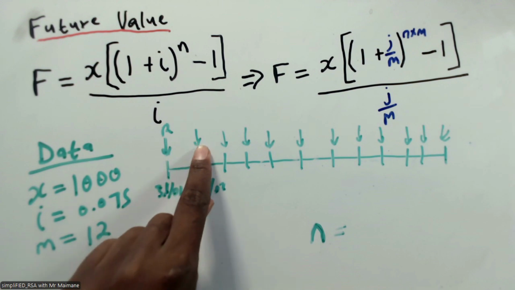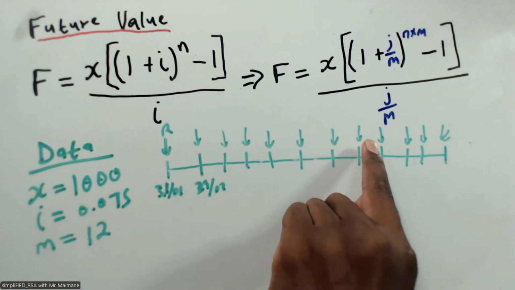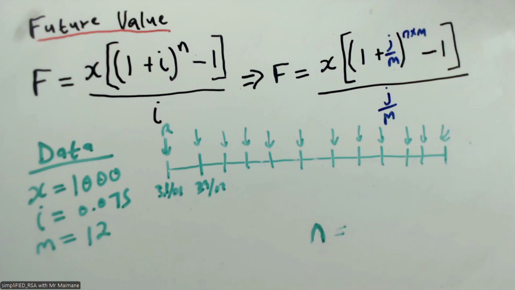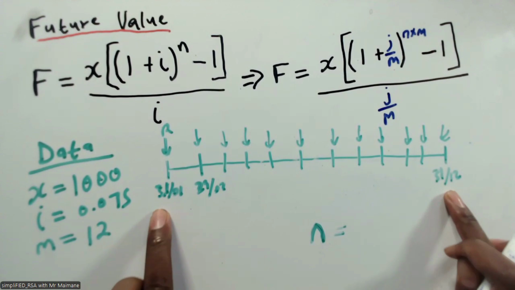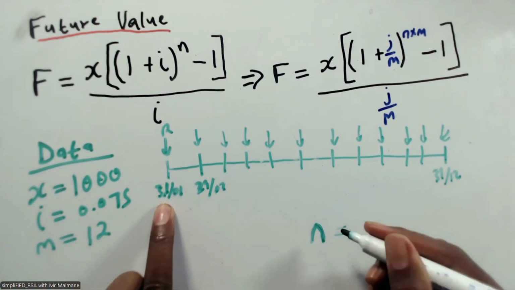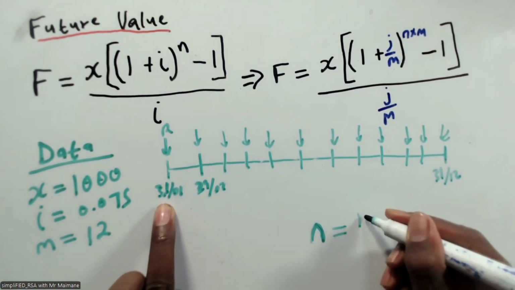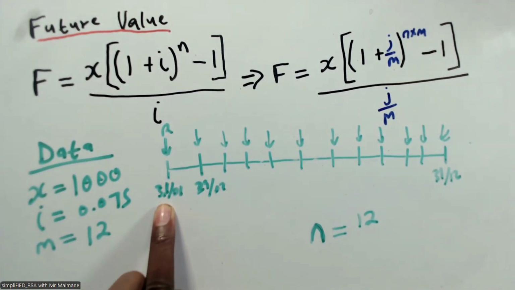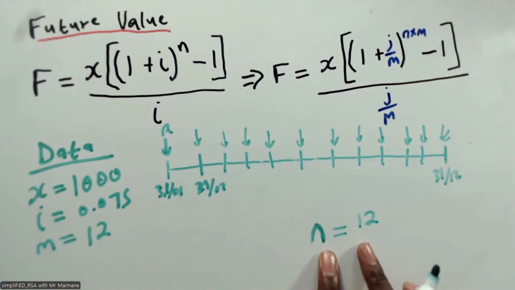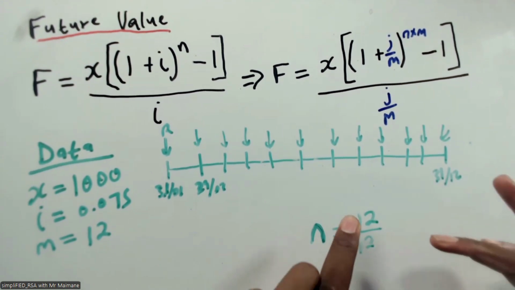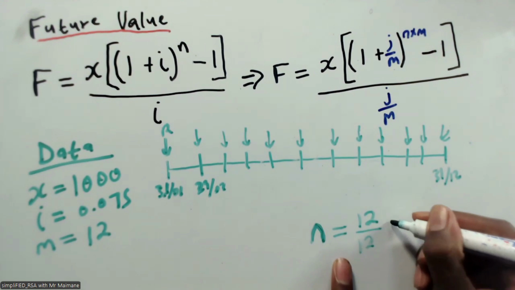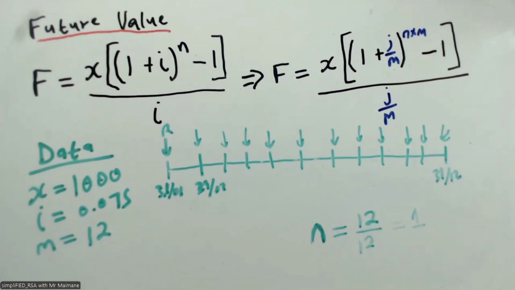So it's going to be 1, 2, 3, 4, 5, 6, 7, 8, 9, 10, 11, 12, which ends on the 31st of December. So it's 12 payments from January to December. So the number of years is going to be 12 months, but because it is in months, I will divide by 12 again because I know that I have 12 months in a year, which is going to give me 1, which practically states that the payments were done for a period of a year.